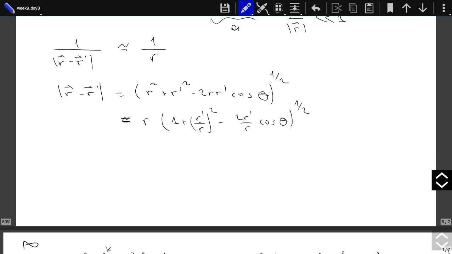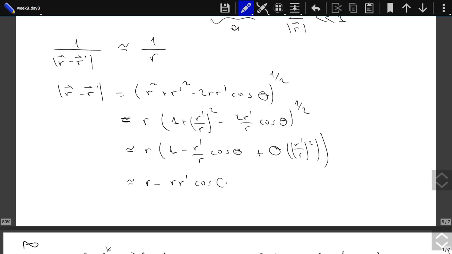Well, r prime over r is a small number in the regions which contribute to our integral. So this is approximately r times 1 minus r prime over r cosine theta, plus terms of the order of r prime over r squared. Those terms are ignored. So we have r minus just r prime cosine theta.